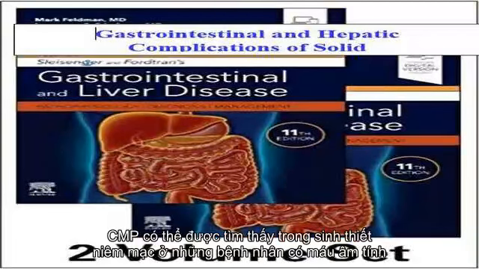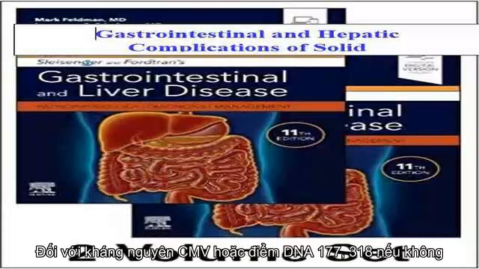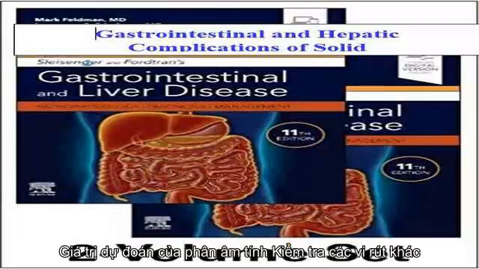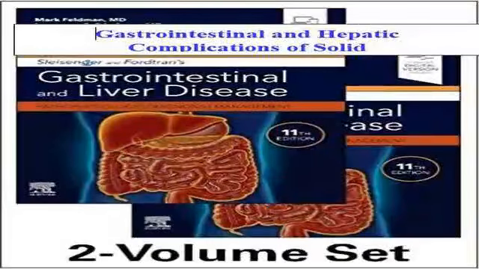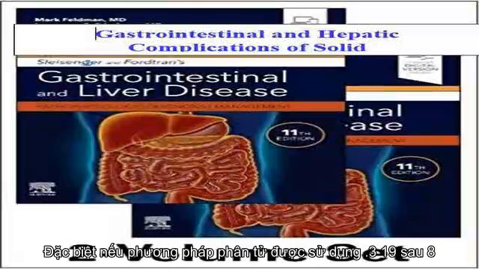CMV can be found in mucosal biopsies in patients whose blood is negative for CMV antigen or DNA. Otherwise, the predictive value of a negative stool examination for other viruses, bacteria, fungi, and parasites is high, particularly if molecular methods are used.